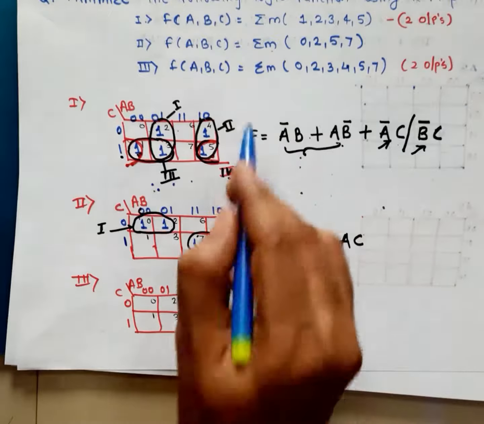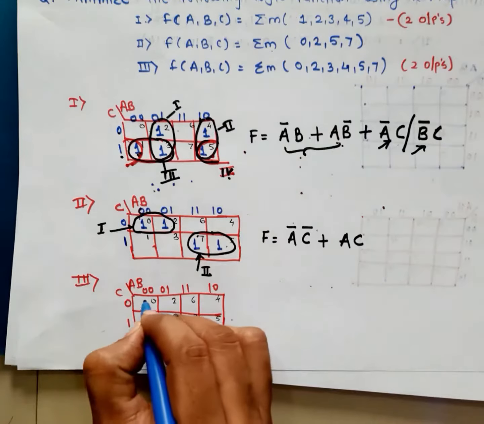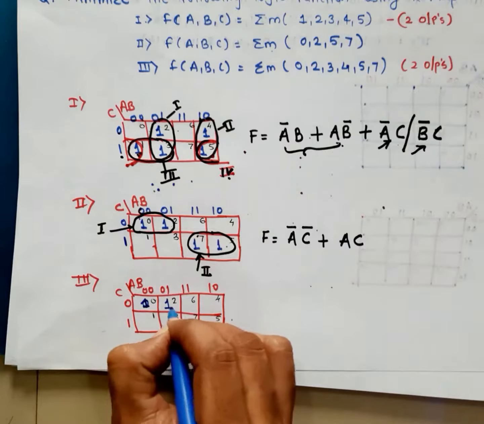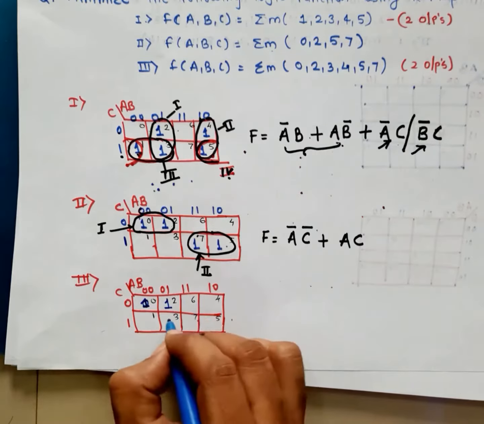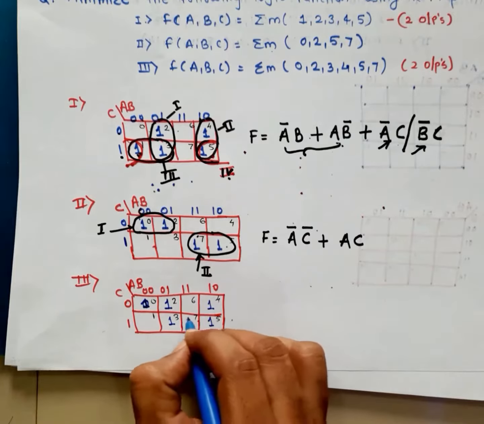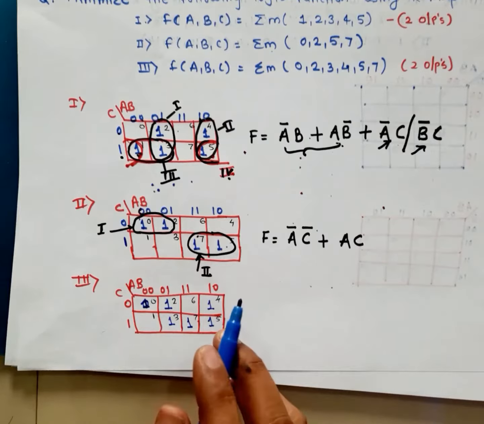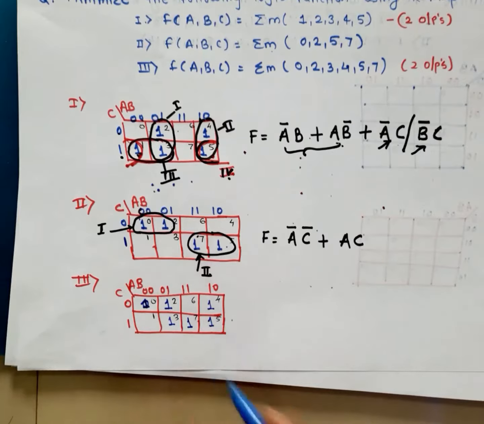Now consider the min terms. So here 1 for 0 number, 2, 3, 4, 5 and 7. So out of 8, 6 cells have high values. Now the next step: we want to make a group.